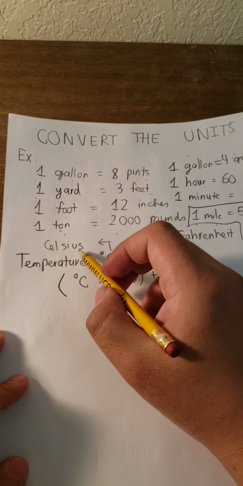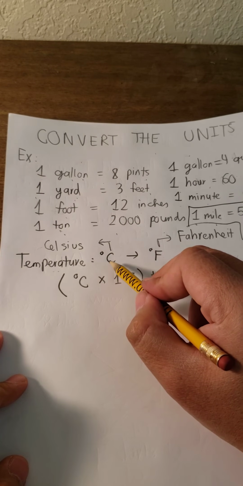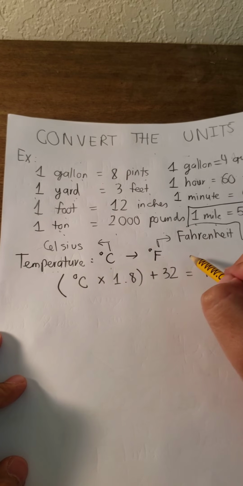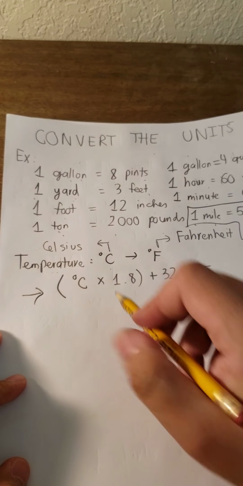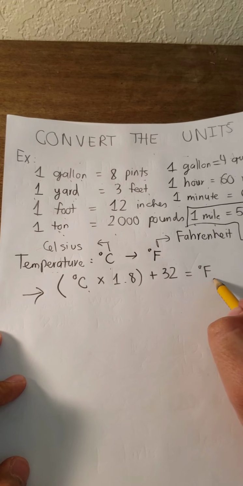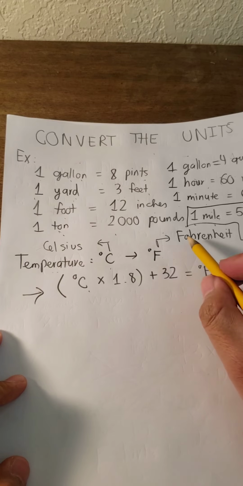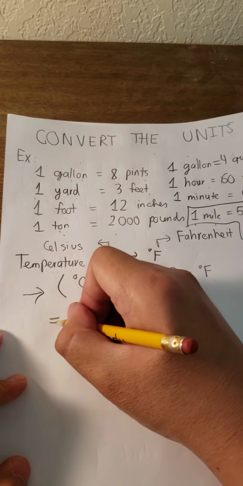The next conversion is about the temperature. The temperature means that they need to convert Celsius to Fahrenheit. So this is the formula to convert Celsius to Fahrenheit. But if you want to convert Fahrenheit back to Celsius, I will show the way.